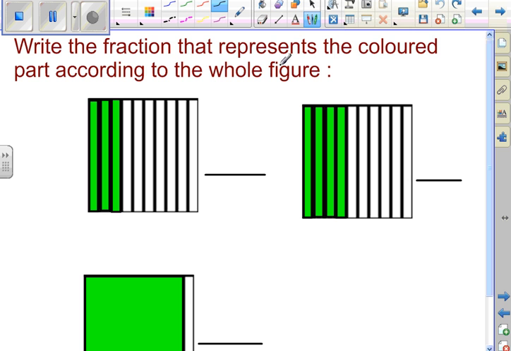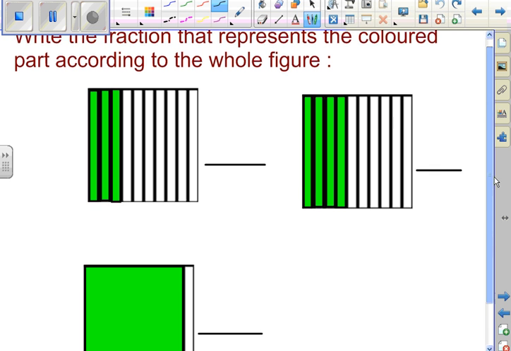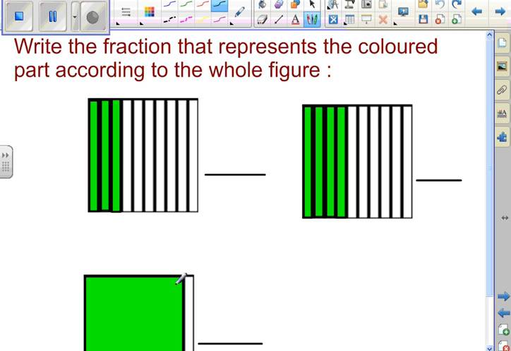Write the fraction that represents the colored part according to the whole figure. So as we said, count the number of colored parts over the number of all parts. Count the number of colored parts: 1, 2, 3, and the number of all parts, after 3, 4, 5, 6, 7, 8, 9, 10. And answer this point, please.